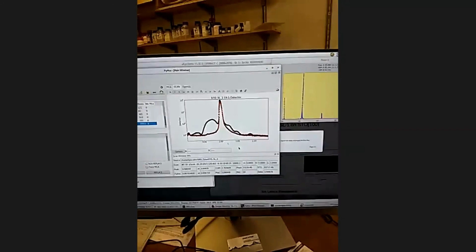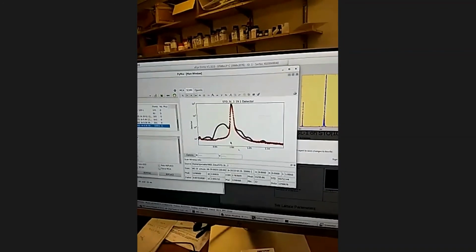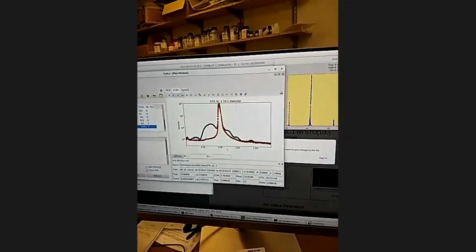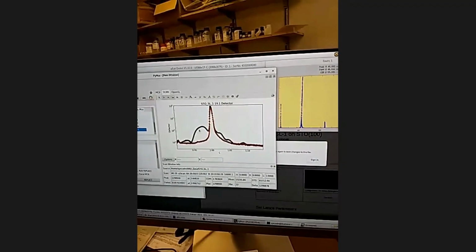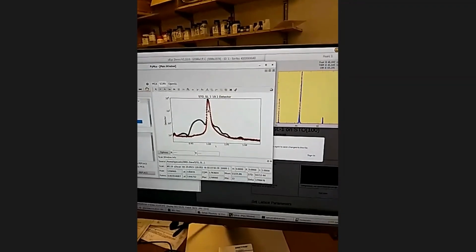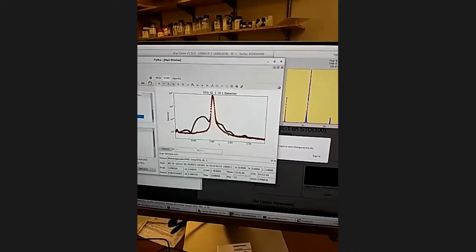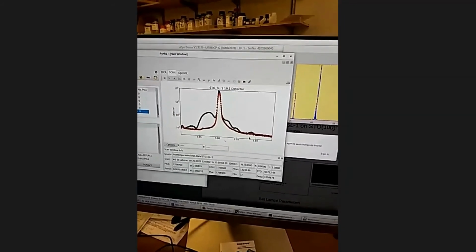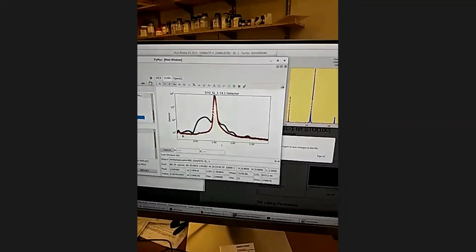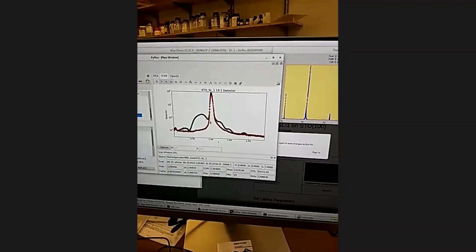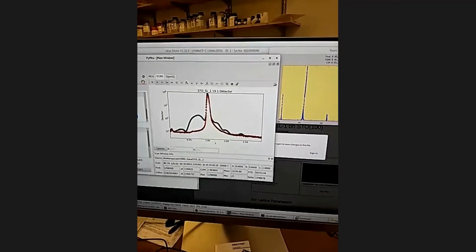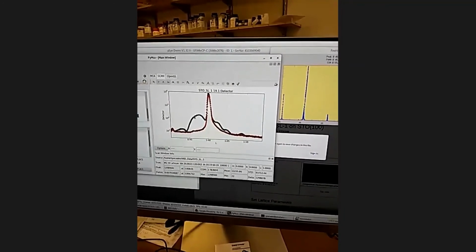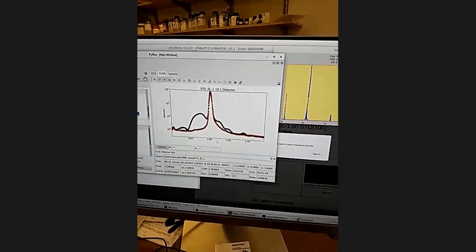This tells a lot about the system. We have a substrate and the thin films. The red curve is only a substrate where there is no thin film grown. The black curve is a substrate with thin film grown on it. So these humps there are the signatures of the thin film.